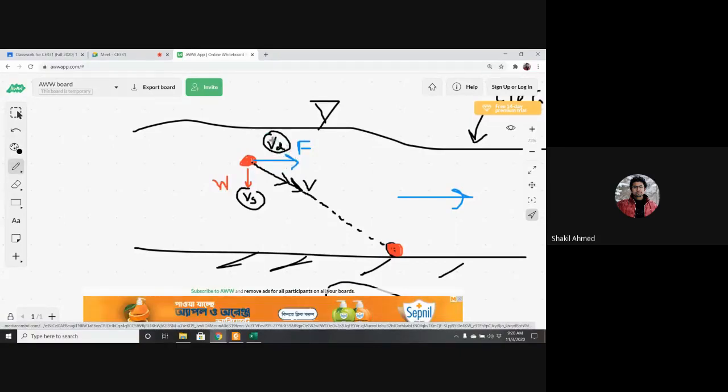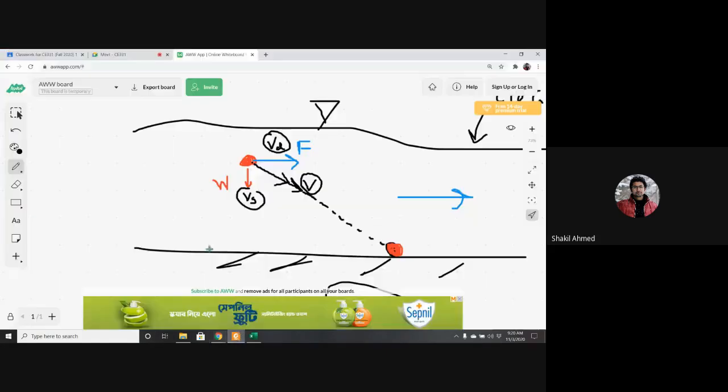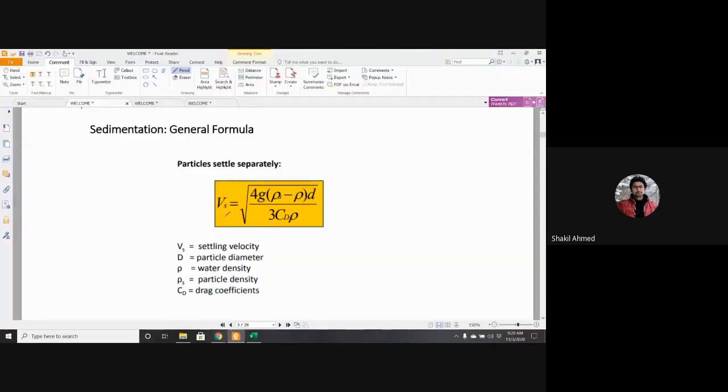Their resultant velocity is V, the real resultant velocity of the particle. Now here, this settling velocity Vs is 4g(rho s minus rho)d divided by 3 CD into rho.